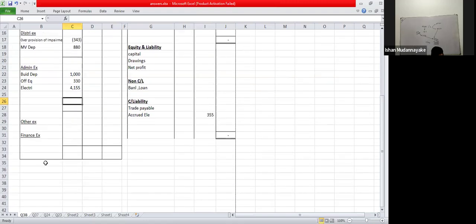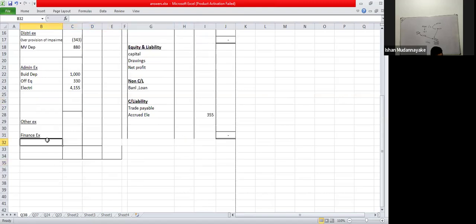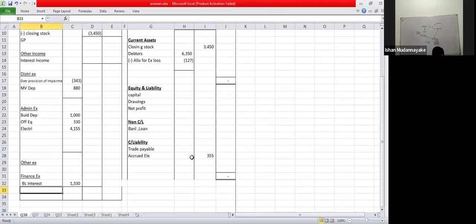Now go to financial expenses. In financial expenses, I write down here bank loan interest, 1,330, financial expense. And then the bank loan installment of 6,080 is a current liability: 4,750 plus 1,330 is 6,080, current liability.